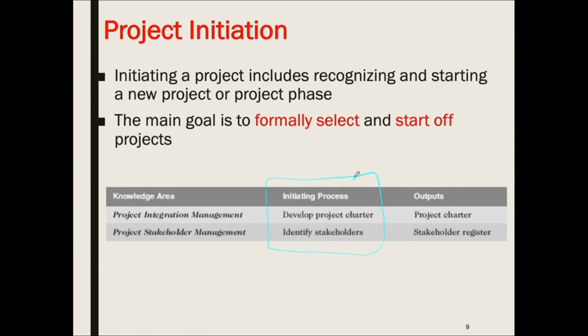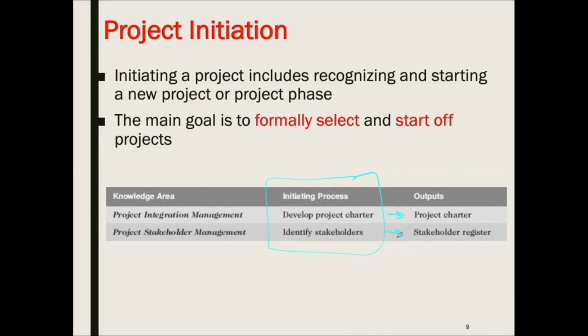Each process will have an outcome. In this process you have to develop a project charter. So the outcome will be the project charter document, and also identifying stakeholders will result in a stakeholder register.